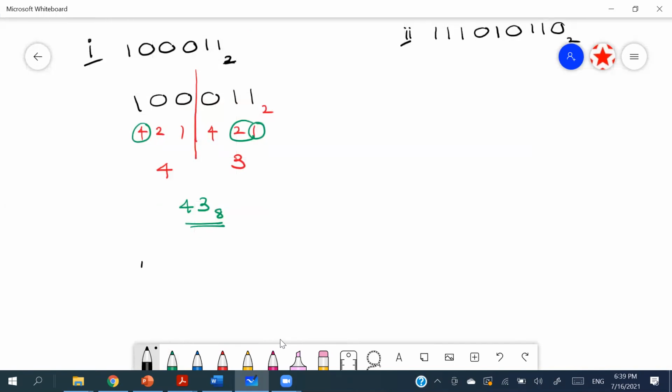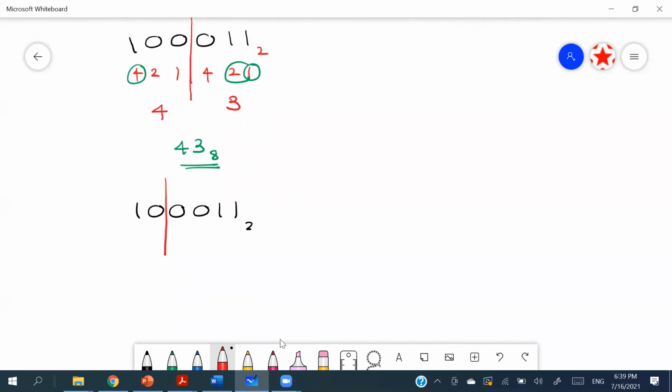Then for the hexadecimal conversion, we consider groups of 4s. So it divides like this. The place values are going to be 1, 2, 4, 8, and this is going to be 1, 2. Metumli, the hexadecimal conversion is correct. Ranuja, I told you the hexa conversion is correct.